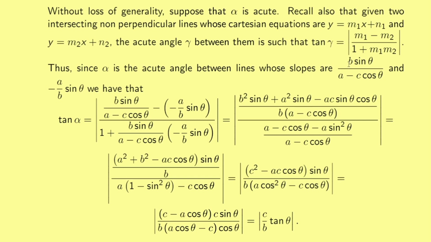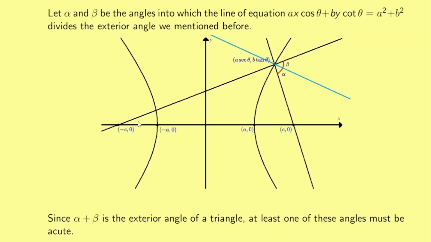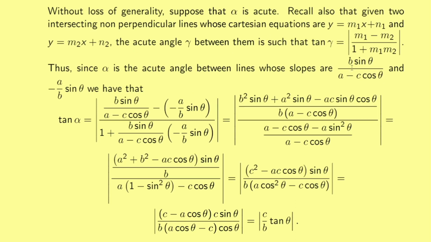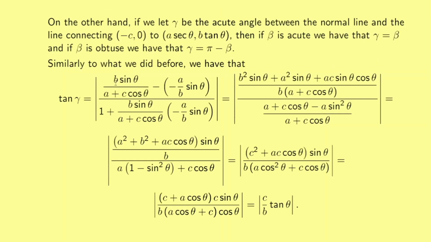So now we recall that the slope of this line here, connecting the focus minus C0 and this point, is B sine theta over A plus C cosine theta. And again, the slope of the normal line is minus A over B sine theta.